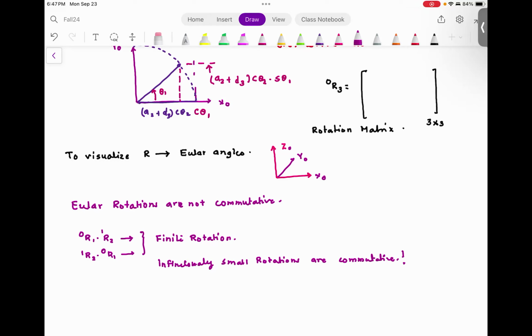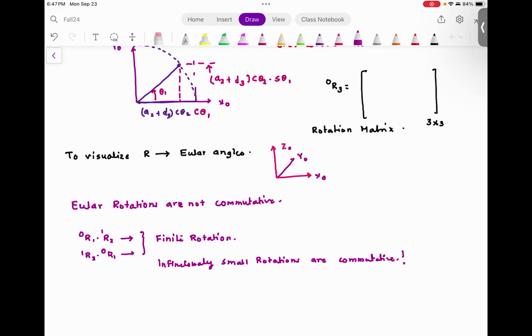So please ask me this question in the next class, and I will derive what it means that small rotations are commutative and large rotations are not. I need to derive that mathematical expression so that you will understand, because this is extremely important.